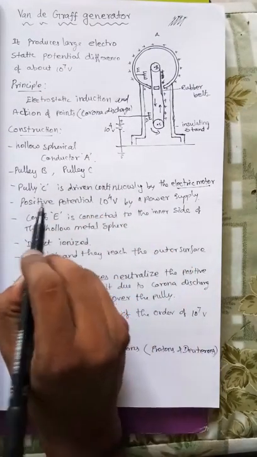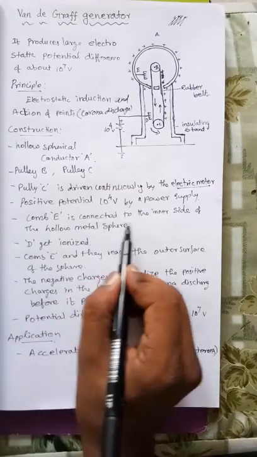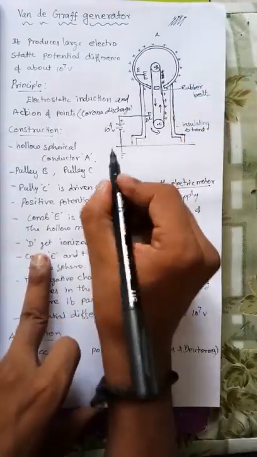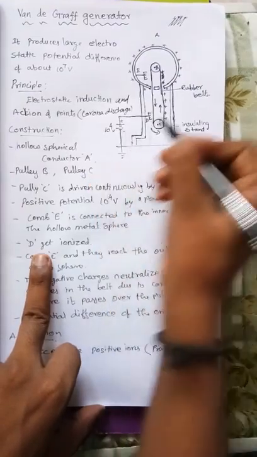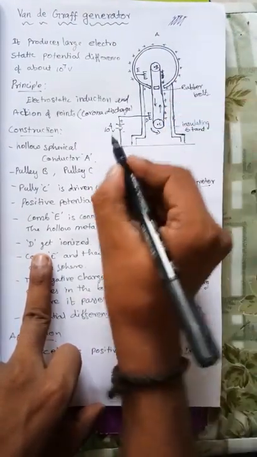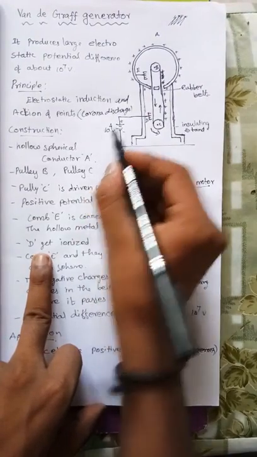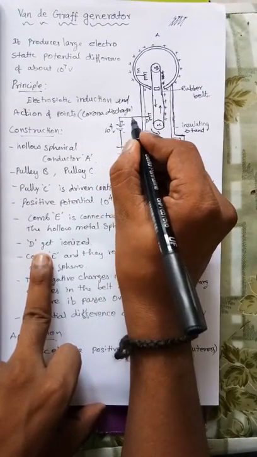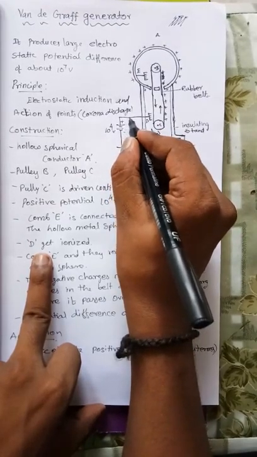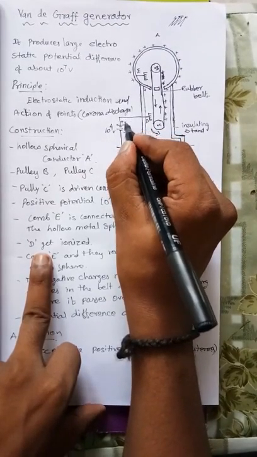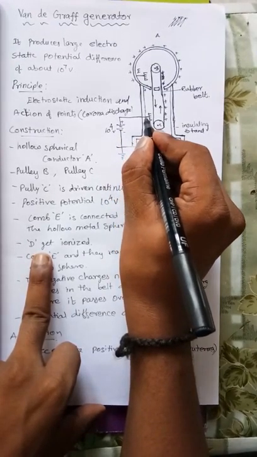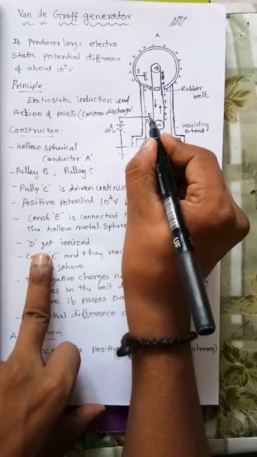Now the comb is connected to the inner side of the hollow metal sphere. Now switch on the battery. The motor is continuously rotating in one direction. When the battery is on, some current passes through the wire D, and the charge moves in one particular direction.